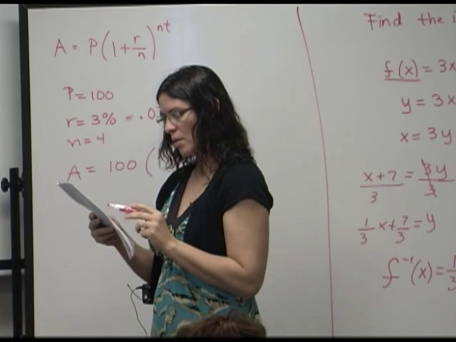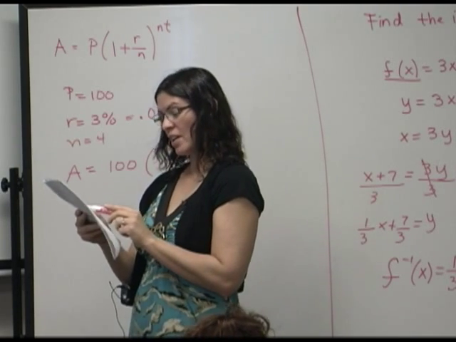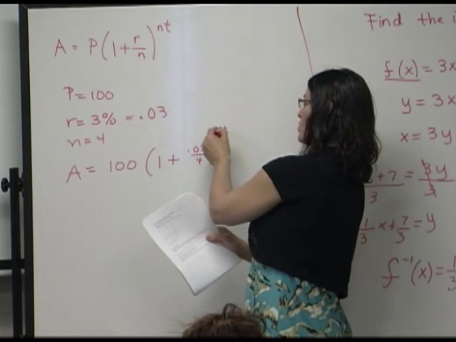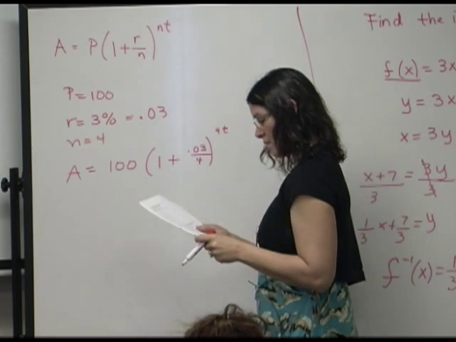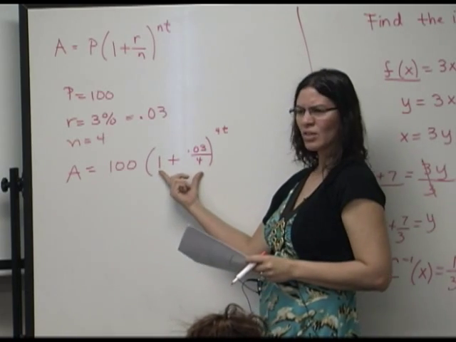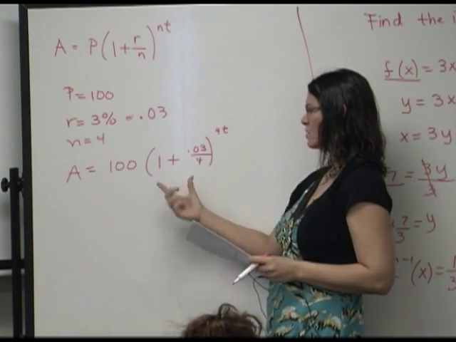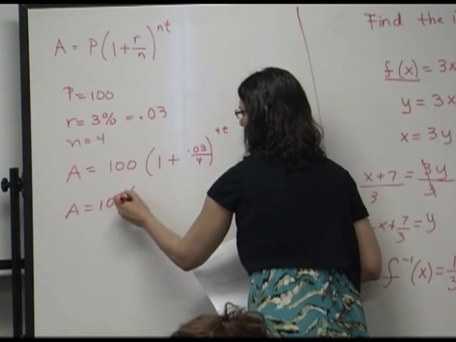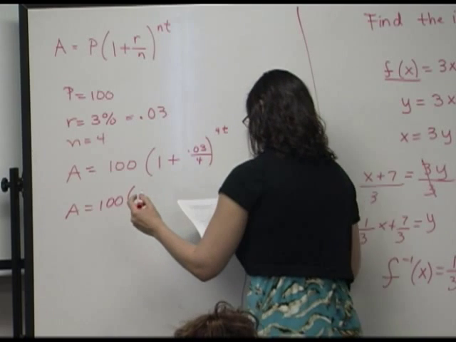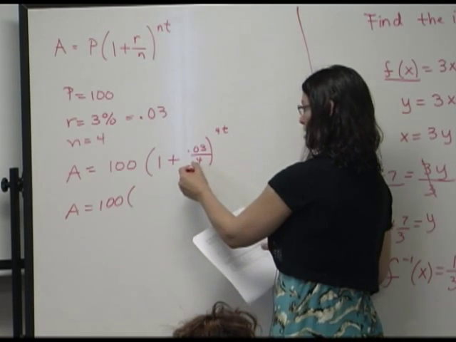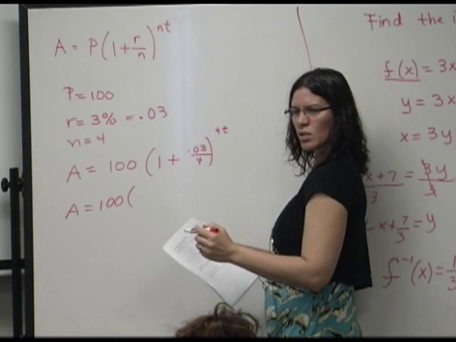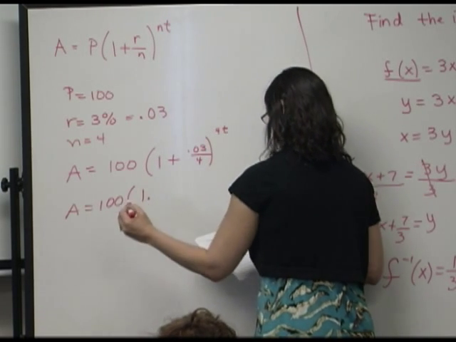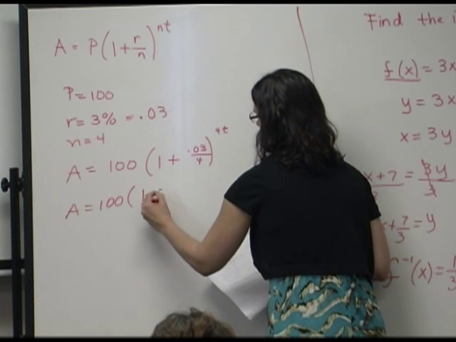Now it says use the model. First it says find a function for the amount in the account after t years, right? So that means you substitute everything except t. And you can actually do this in your calculator. How much is this if you do this in your calculator? 1 plus this, 0.03 divided by 4. 1.0075.